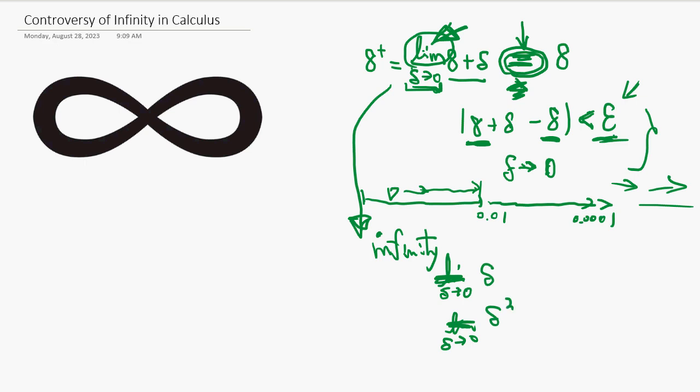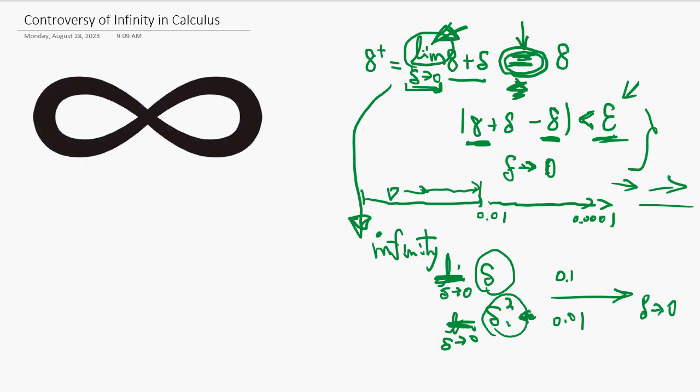Which is bigger? Well, obviously this guy is bigger, right? Is it? Not really. This is smaller, because if this is 0.1, this is 0.01. So this guy is smaller than this, no matter how far delta goes to 0, right?